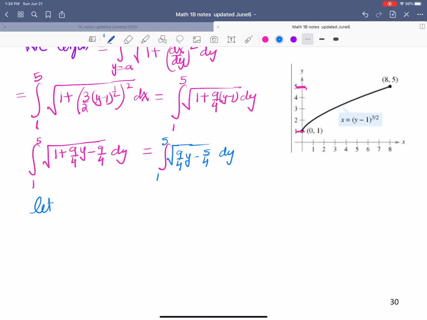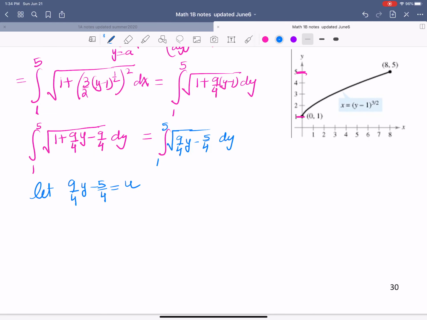So I'm going to let 9/4 y minus 5/4 be u. That would give me 9/4 dy, so 9 over 4 dy is equal to du, which gives me dy is equal to 4 over 9 du.